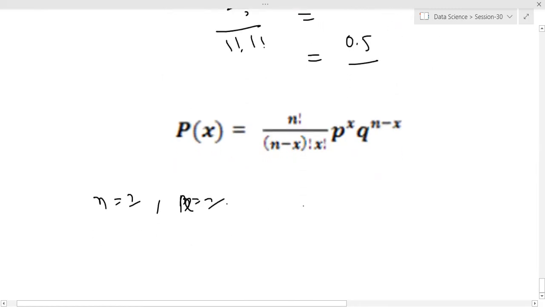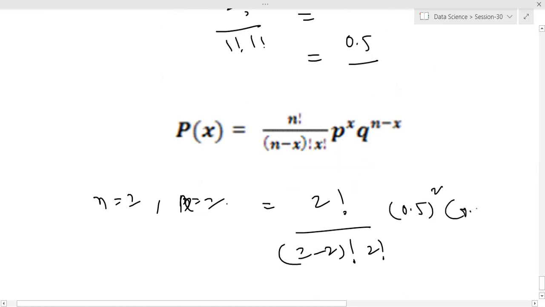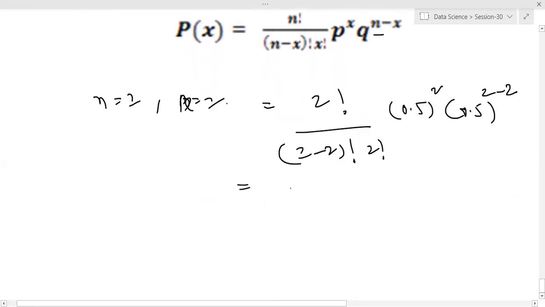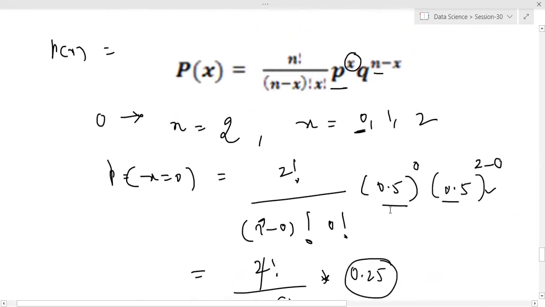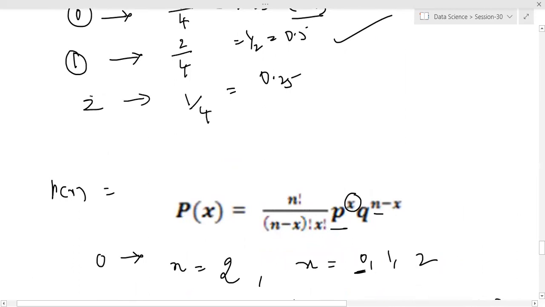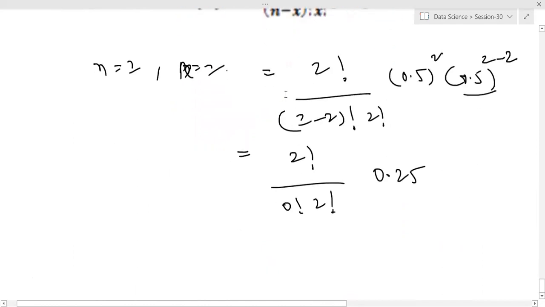I am selecting 2 factorial by 2 minus 2 factorial into 2 factorial, and the p value is 0.5 whole square into 0.5 whole 0. So 2 factorial by 0 factorial into 2 factorial is 1, and 0.25. So the probability of x equal to 2, getting 2 heads, is 1/4, which is 0.25. The same you can recheck here also.